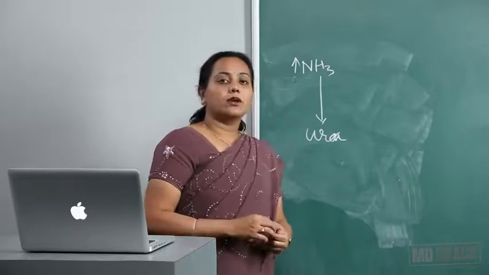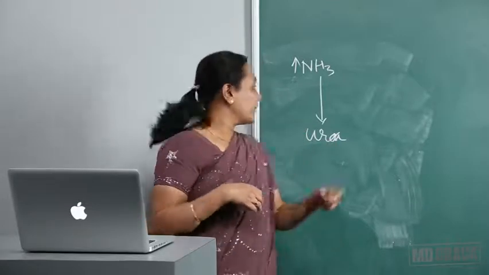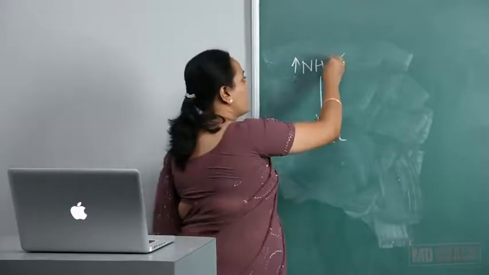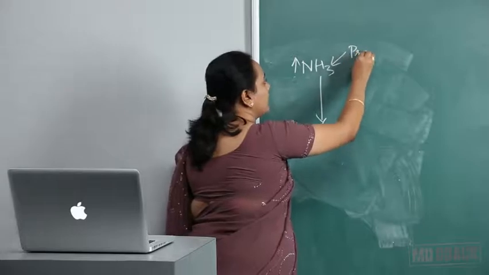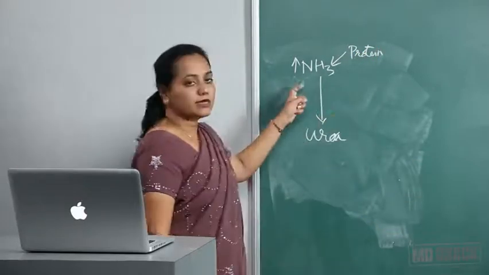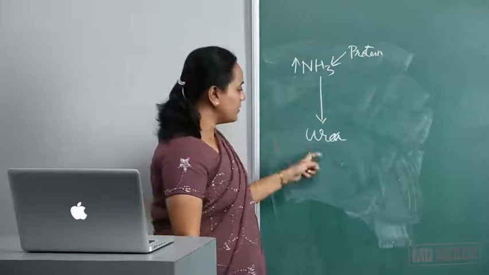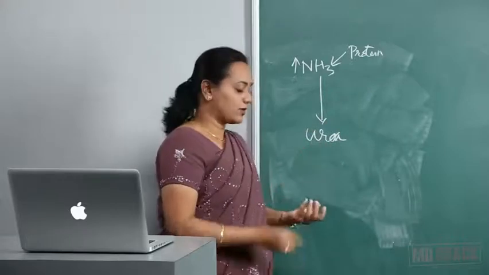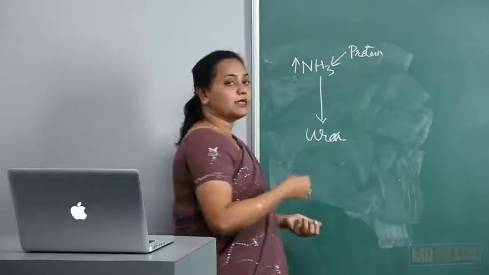Now what about gout? From where did this ammonia come? This ammonia has mainly come from proteins, okay? The end product of all the different amino acid catabolism will result in the formation of ammonia to urea. So urea is considered the end product of protein metabolism, whereas we have got purines and pyrimidines.